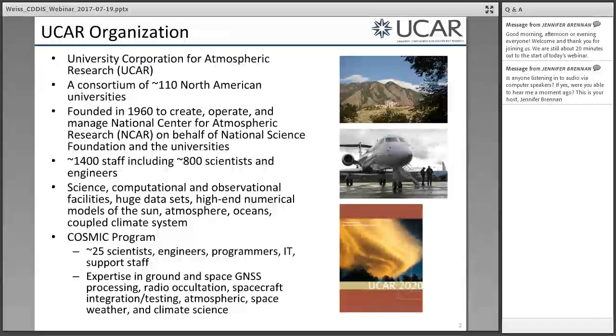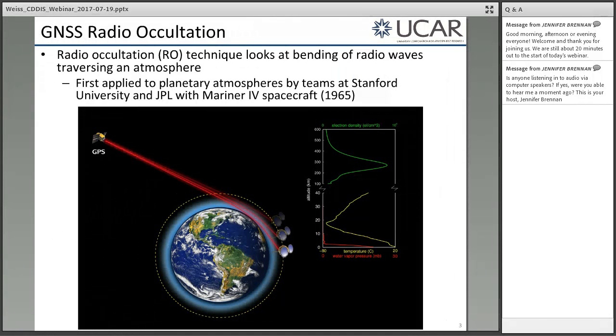We'll be talking about that today. We also work on spacecraft integration and testing, data processing and operations, and then science applications related to weather, space weather, climate, and also a bit of geodesy. So we'll talk about some of this today. And so let's start with an overview of the GNSS radio occultation technique.